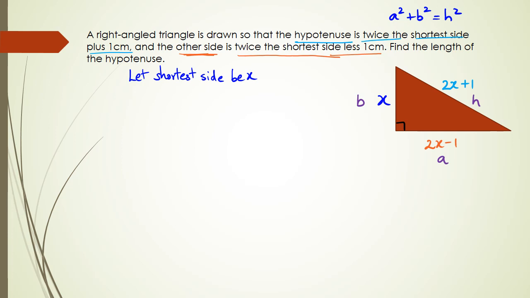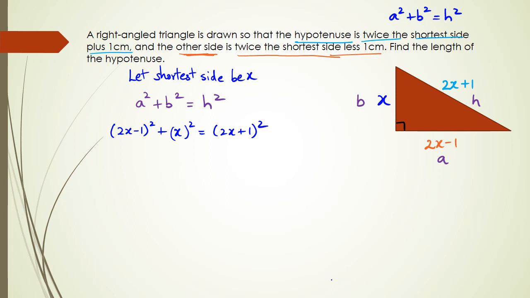Our formula is a squared plus b squared equals h squared. The question asks you to find the length of the hypotenuse. So we substitute a squared, which is 2x minus 1 squared, plus b squared, which is just x squared, equals h squared, which is 2x plus 1 squared.